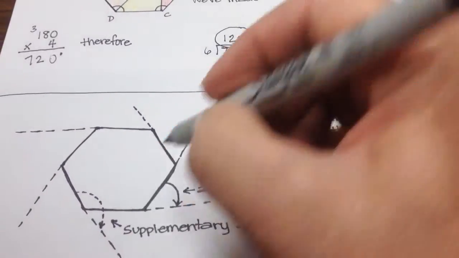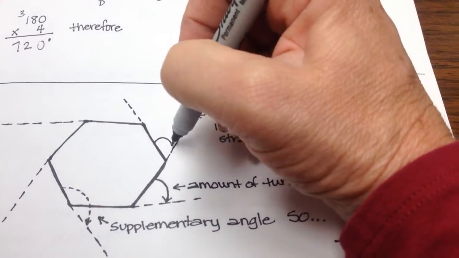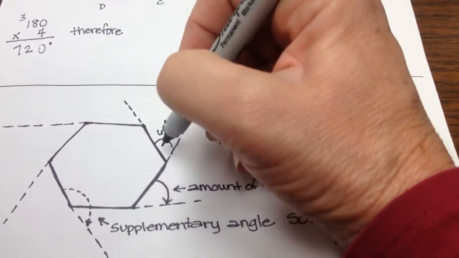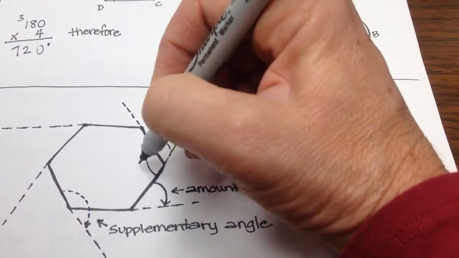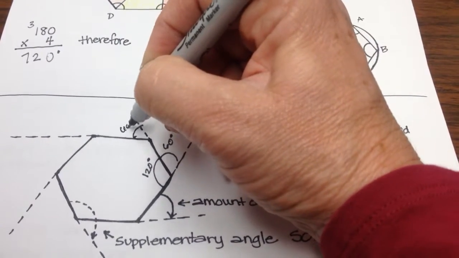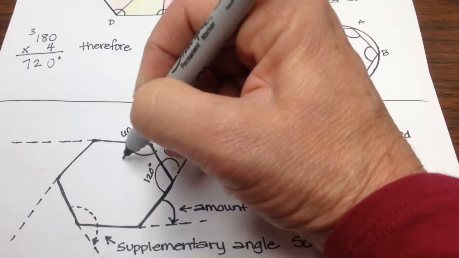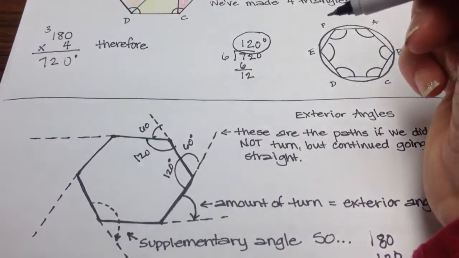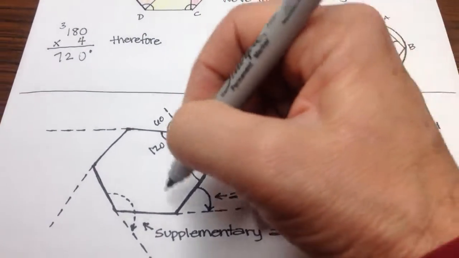So each of these exterior angles would be 60 degrees because the interior is 120. So I have 60 on the outside, 120 on the inside, because it's going to make supplementary angles.